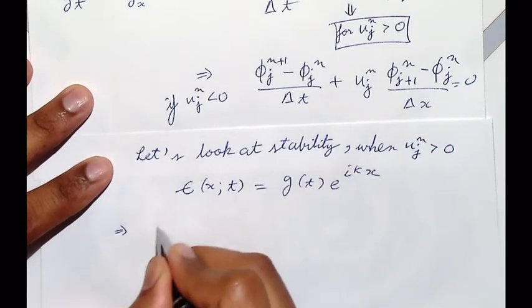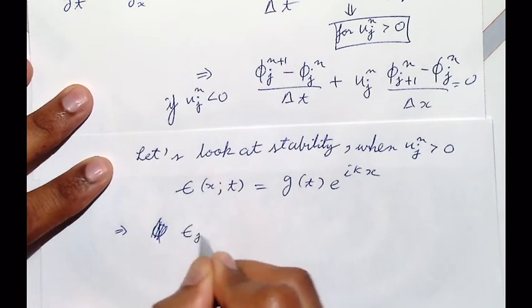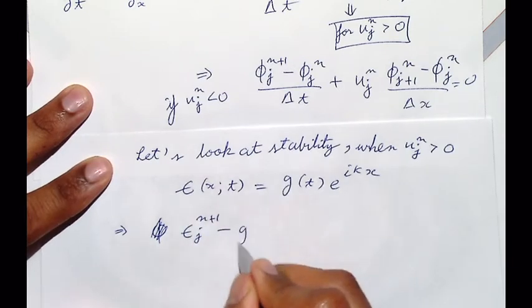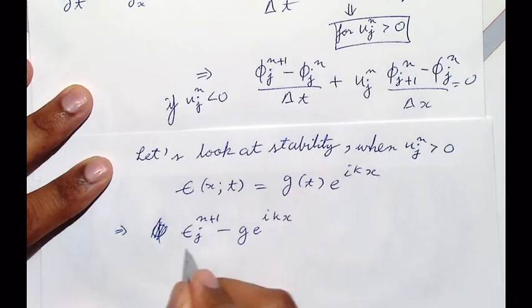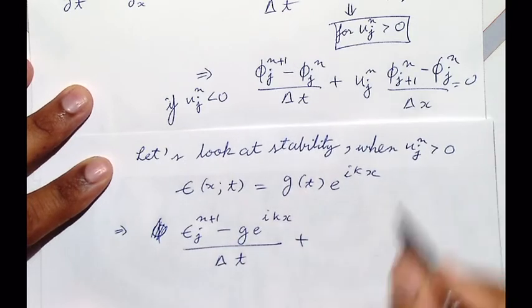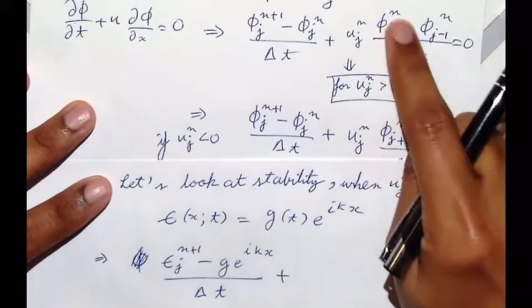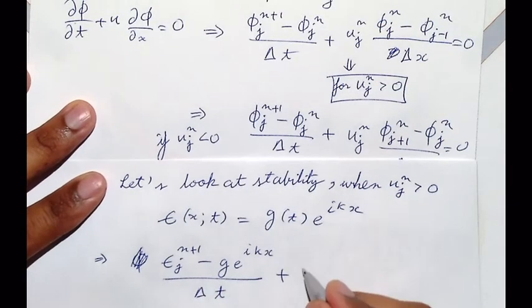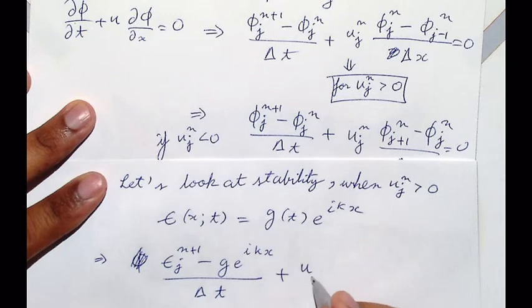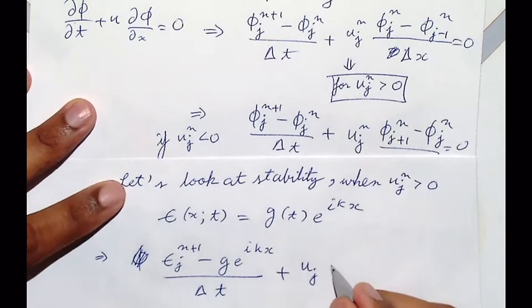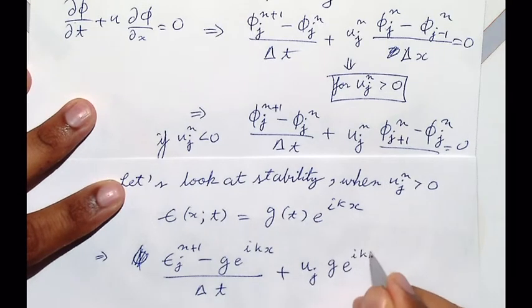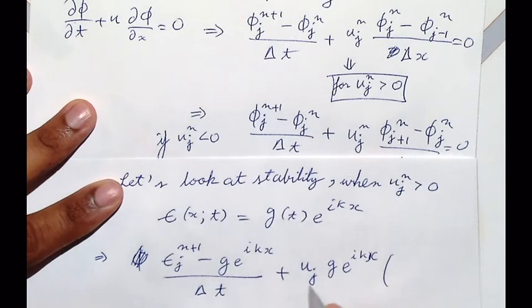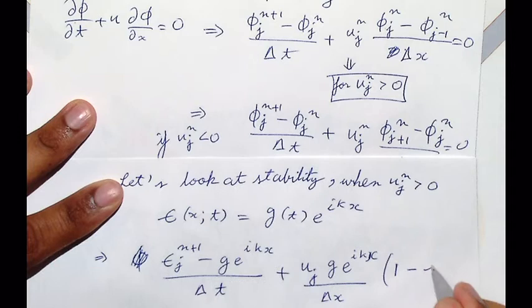So we get epsilon j n plus 1 minus g e to the i k x over delta t, plus u j, and there's a g and e to the i k x. Inside we're left with 1 minus e to the minus i k delta x, and there's a delta x over here. Make sense?